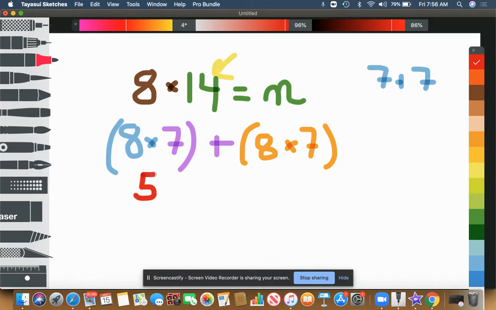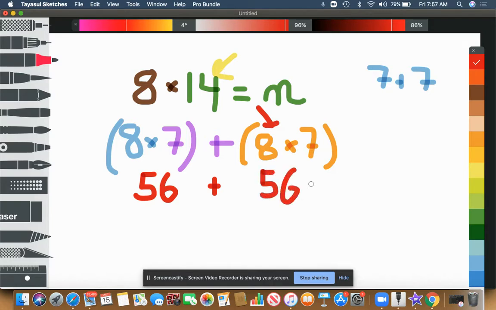If you don't know 8 times 7, you can go ahead and use repeated addition, or you can even break this apart further. But I'm going to go ahead and just assume that most of us can do that one in our heads. If 8 times 7 was 56 here, that means 8 times 7 right here is going to be 56 as well. So I really only need to multiply that once.